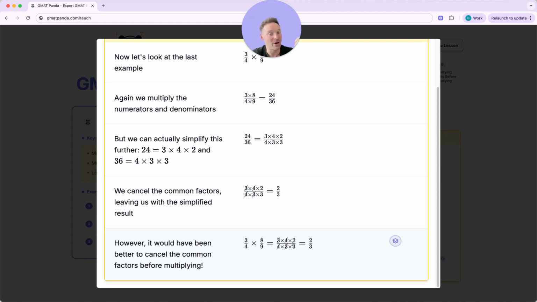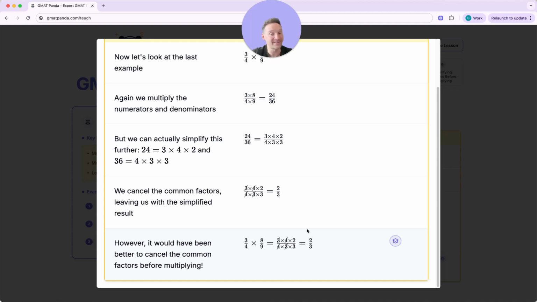That way we can identify these common factors and simplify the fraction before doing any multiplication. We get to the same result of 2/3, but we don't do any multiplication. The only thing we're doing is splitting the 8 into 4 times 2 and the 9 into 3 times 3, and all the rest is just crossing things out.